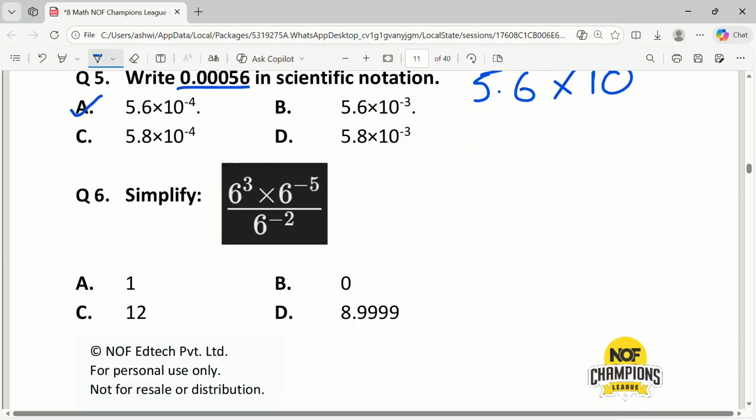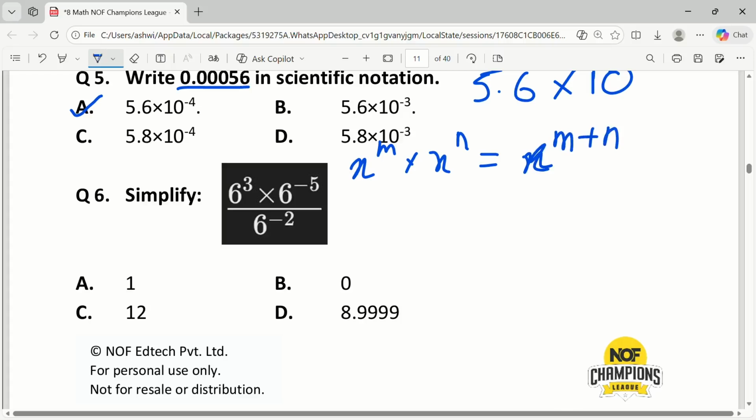Question 6. Simplify 6 to the power 3 into 6 to the power minus 5 upon 6 to the power minus 2. Simplifying the numerator using the product rule for exponents, that is x to the power m into x to the power n is equal to x to the power m plus n.